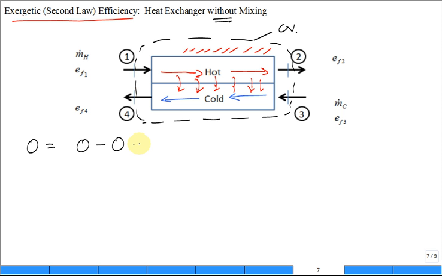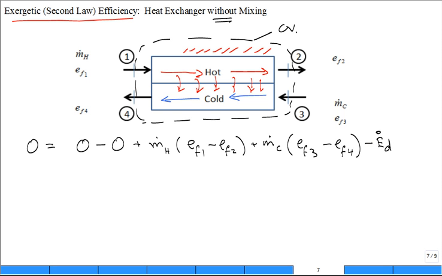And then we have a mass flow rate of the hot fluid coming in, and it brings with it its flow exergy at 1. It also takes out the flow exergy at 2. Plus the mass flow rate of cold fluid coming in at 3, going out at 4, minus any destruction of exergy which happens within that heat exchanger, within that control volume.